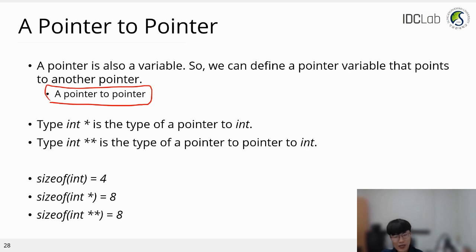Type int star is the type of a pointer to an integer variable. But if you put another star, type int star star is the type of a pointer to an integer pointer variable. So double nested pointers. Size of int is 4, size of int star is 8, and size of int star star, this is just a pointer variable, so also 8.